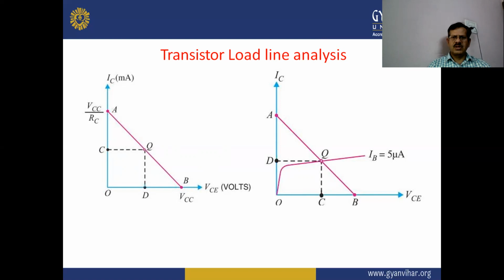So we measure the base current at this operating point Q in this graph. This will be 5 microampere, a very small current.